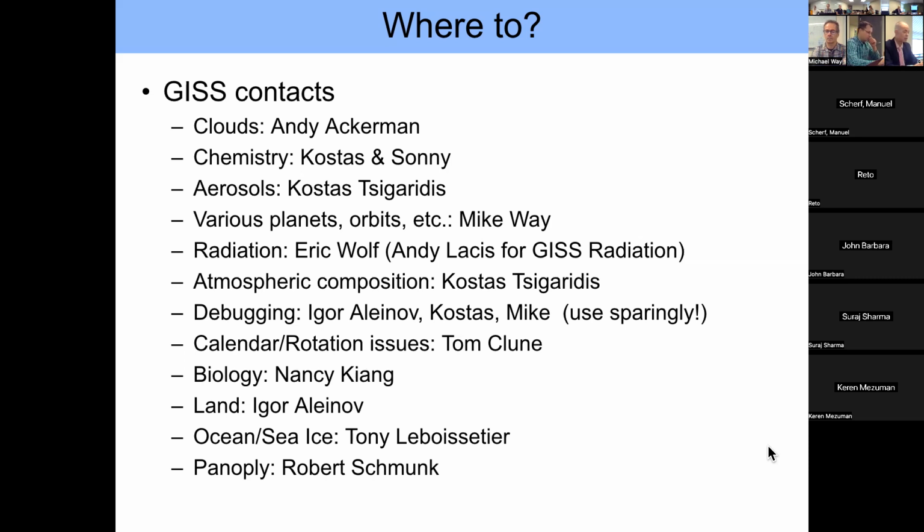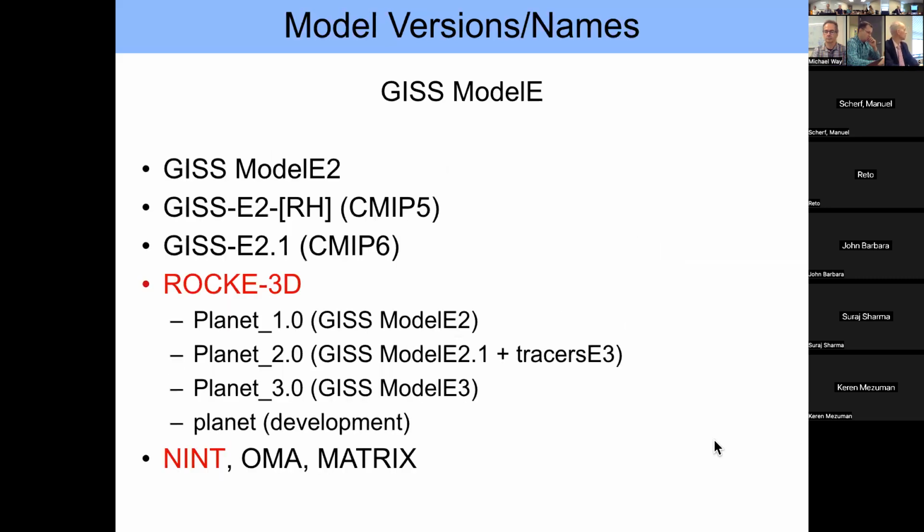And if there are additional features that come up, we can often directly talk to the main developer, Robert Schmunk, about those things. Okay, I think I'll let Kostas take over at this point, describing the different versions of the model, and then maybe we'll take a small break after 5 minutes or so.